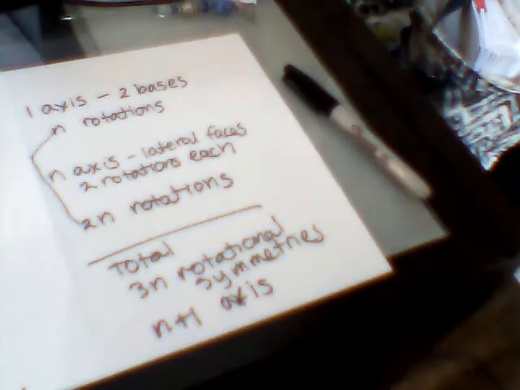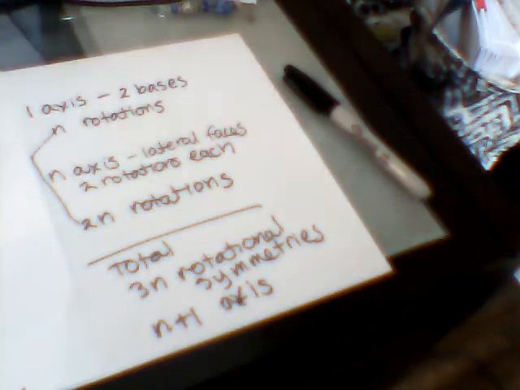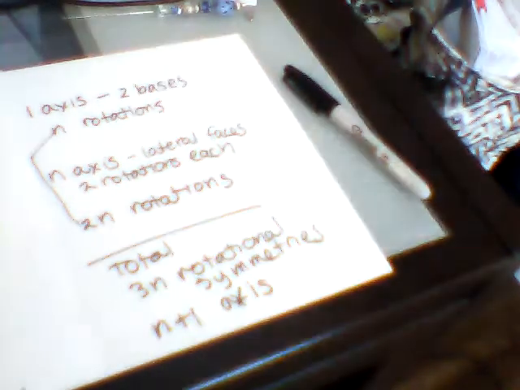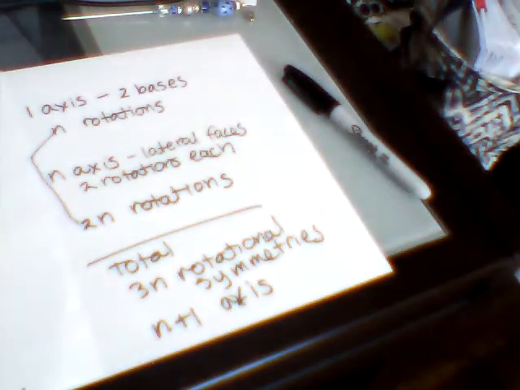But right prisms that have bases that are not regular polygons can also have rotational symmetry. So let's take a look at the rectangular prism.